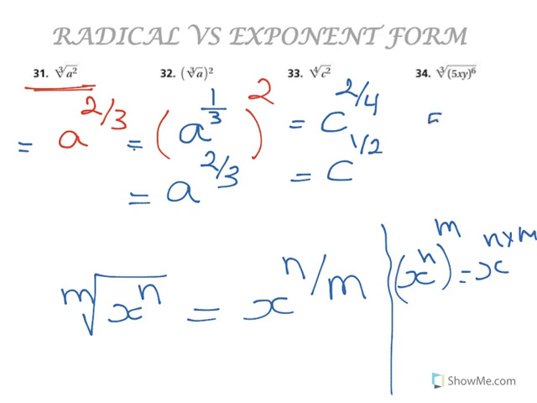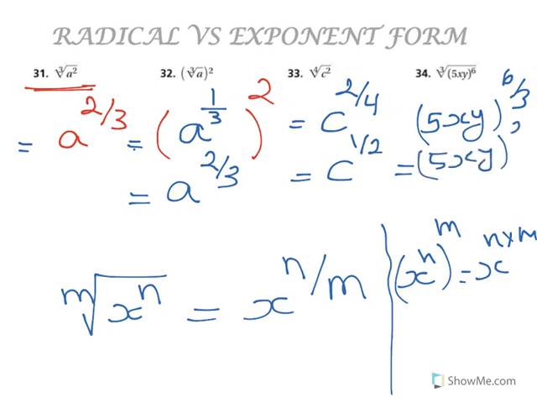So it will be 5xy to the power 6 over 3, which will be 5xy all to the power 2, because 6 over 3 is 2, and that simplifies to 25x squared y squared. And that's your final answer.